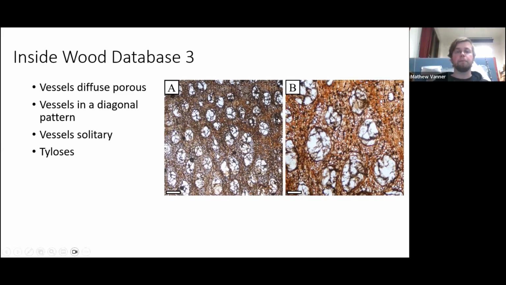They have a kind of broadly diagonal pattern. You can see kind of going down in this direction if you can follow my mouse. They're solitary, and there's also these weird kind of cell interruptions called tyloses, which you can kind of see makes up this weird black matter which is in the center of these vessels.